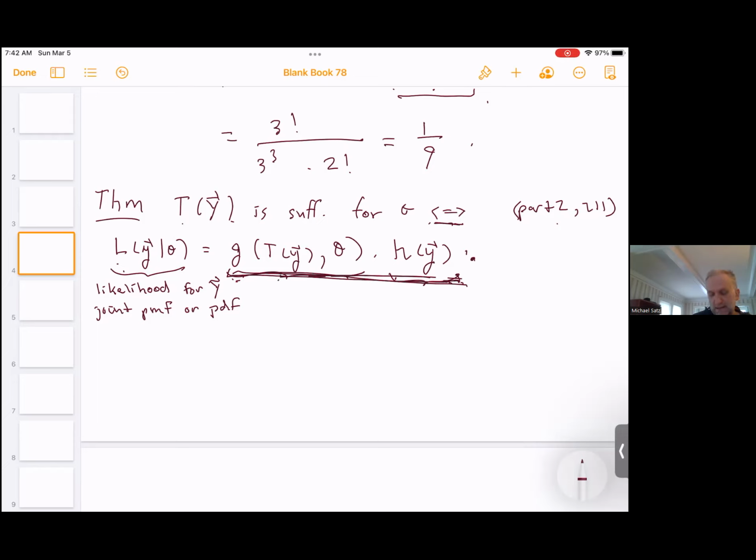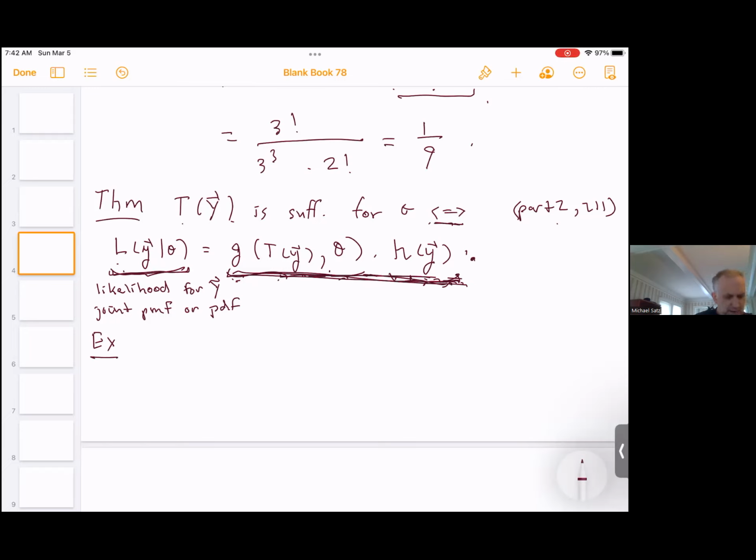Also, if you know it's sufficient, you know you can decompose the likelihood in this way. We will do the proof for the PMF case, but first let's do some examples.